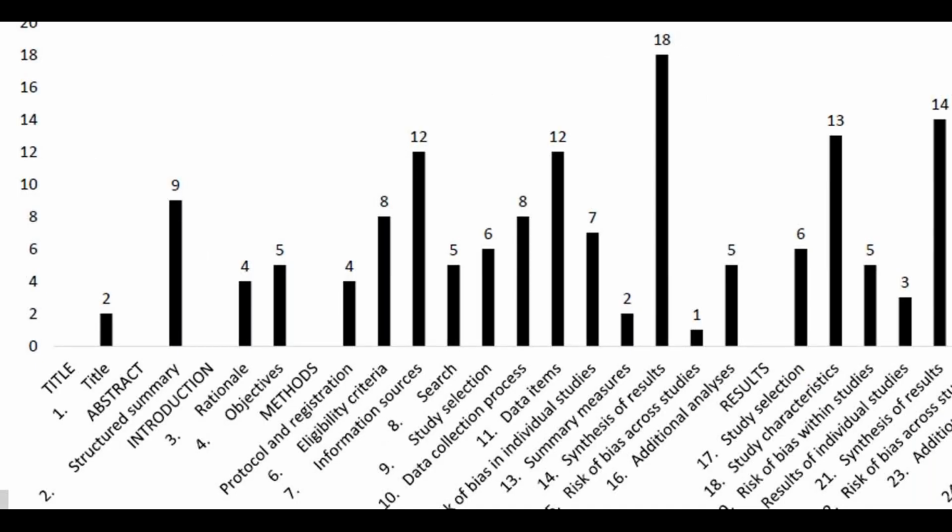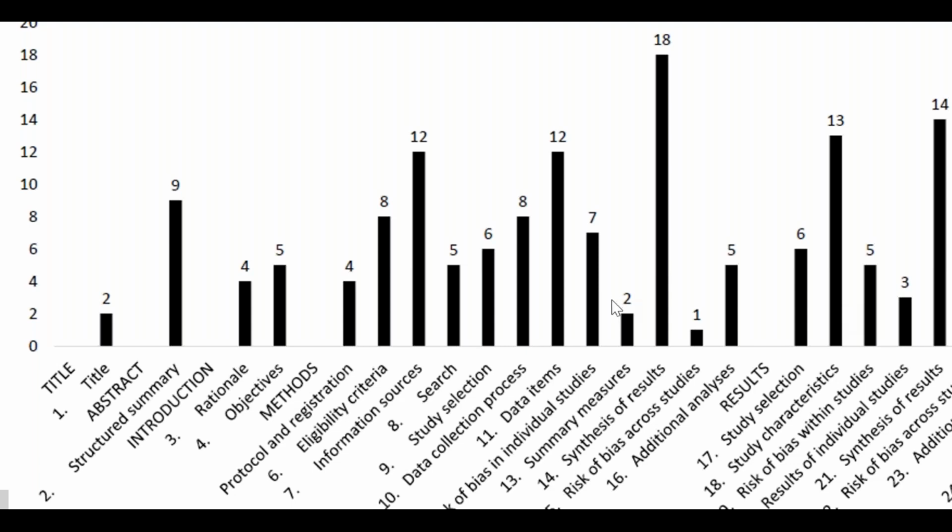And in this figure here, you'll see that essentially what we've done is we've listed across the bottom all of the 27 items in the 2009 PRISMA statement. And we've just got in this bar chart here the number of additional items that could be added to each of these 27 items.